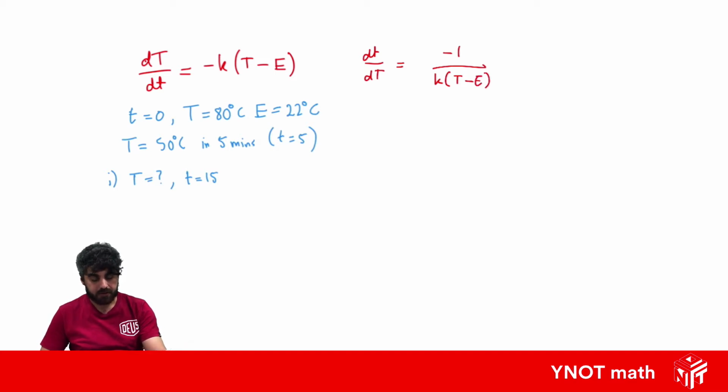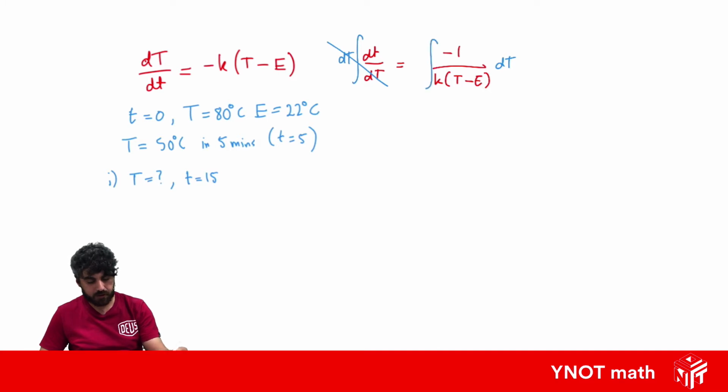Now we can go ahead and integrate both sides, one with respect to time and one with respect to temperature. The reason we can do that is that you can think of multiplying both sides by dT, where these dT's cancel out, and now we can just integrate both sides.